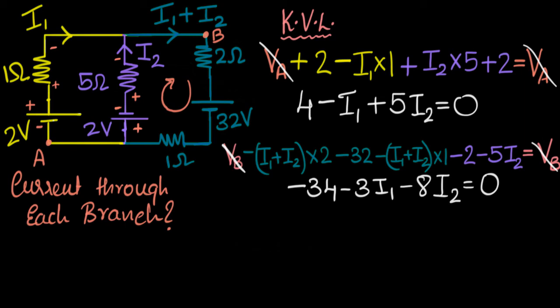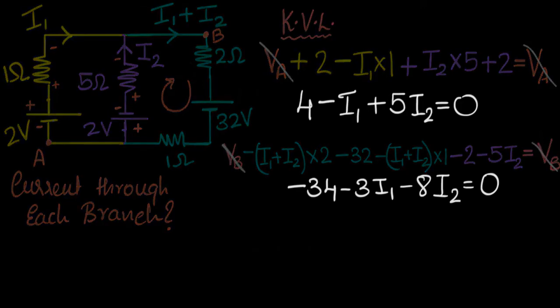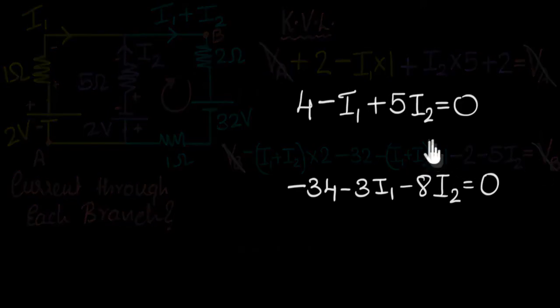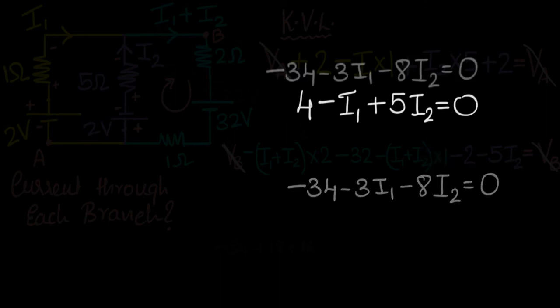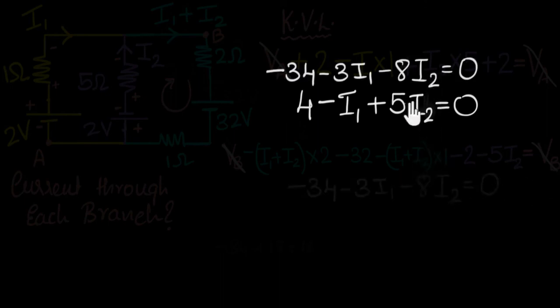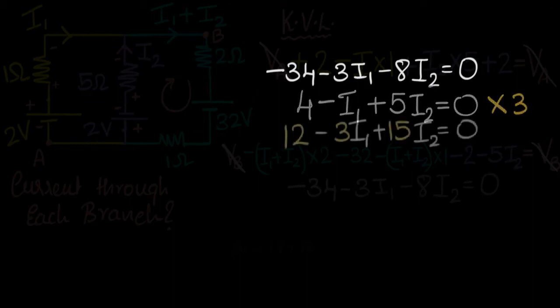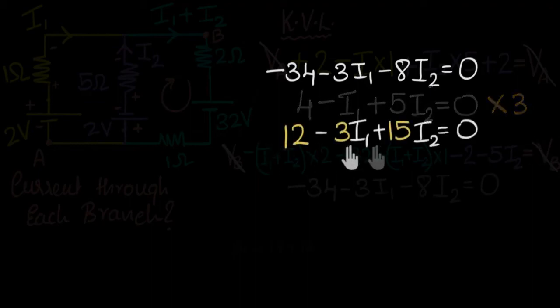But now that we have the two equations, our physics is pretty much done. Now all we have to do is algebra, which I believe you would be able to take care of. So I'll just quickly brush through the algebra part. I'm going to minimize all the physics part. This is now the algebra. If I pull that equation over here, I try to match the coefficients of I1 with this one. So I'll multiply this whole equation by 3, and that gives me a new equation with all the coefficients multiplied by 3.